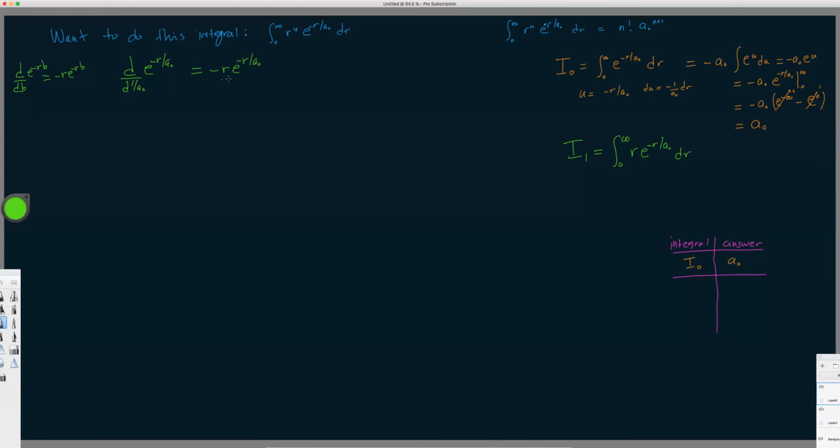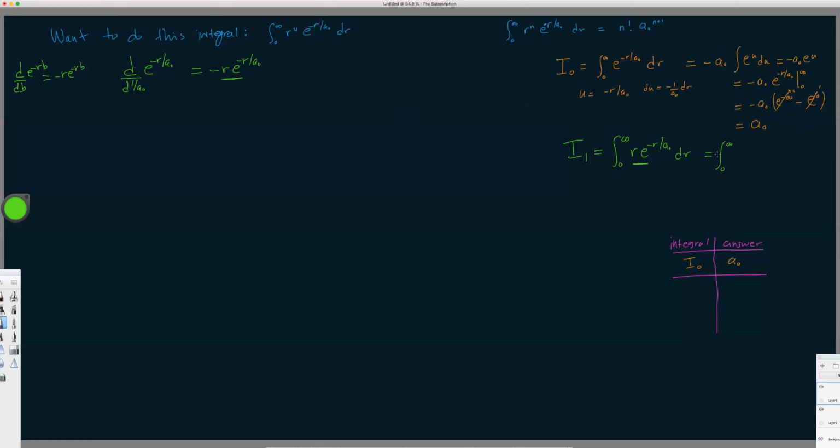Now notice, this is the integrand we need here, so I'm going to substitute that in. Here I have 0 to infinity, and the integrand without the minus sign is this derivative. So the integrand is negative the derivative.